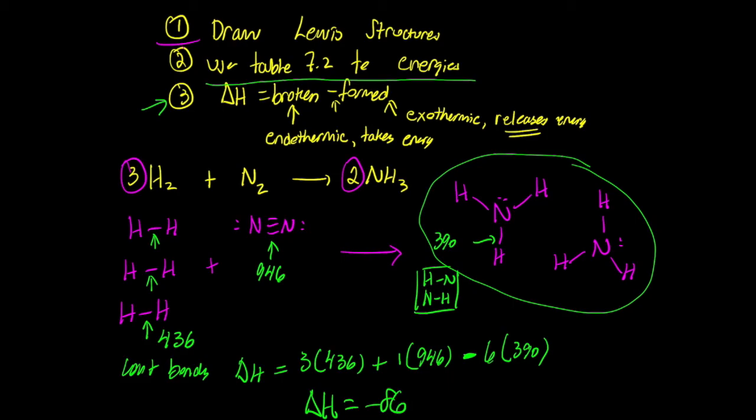So without having to do any thermochemistry experiments or measuring temperature and all of that, theoretically we could just do the math and calculate it. All right. So that's how you calculate delta H for this chemical reaction. We would say this is exothermic, and overall it releases heat. Let's do another one. Let's do the combustion of methane.